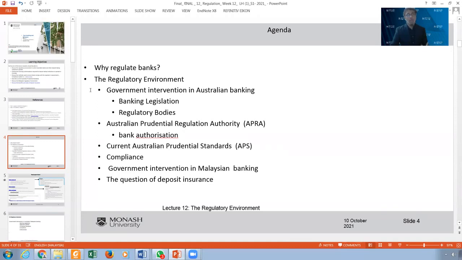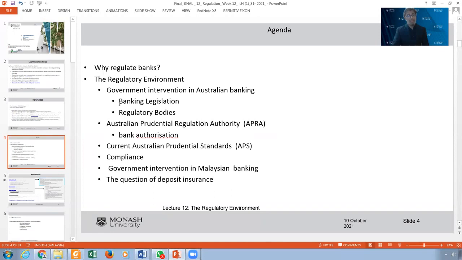Assume now a new country was established, or a new economic group like ASEAN decided to be a fully economic group like the European Union. Then in this case, they will have what we call a regulatory environment. In the regulatory environment, there must be legislation, and this legislation has to come from the legislators, parliament, or whatever you call it.